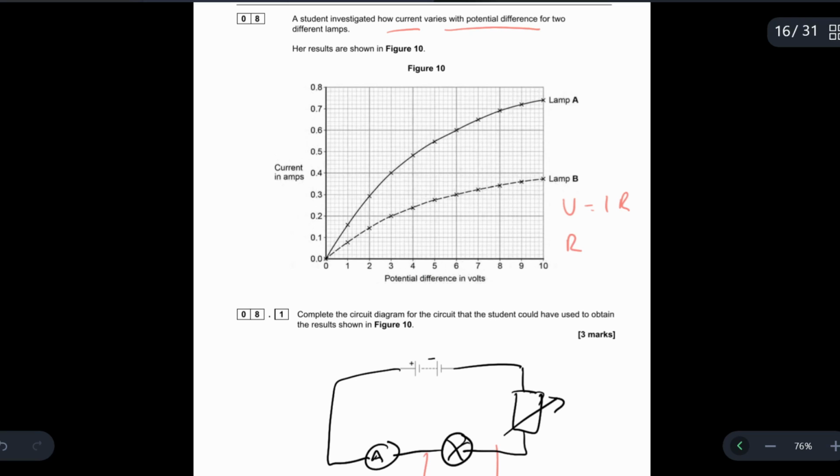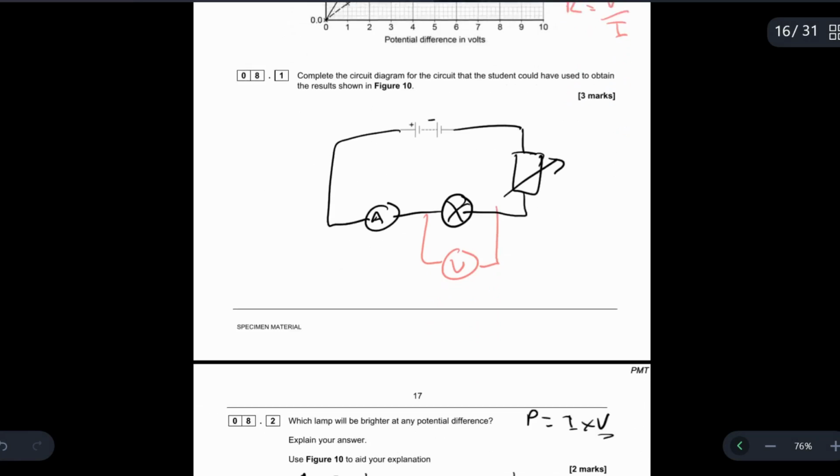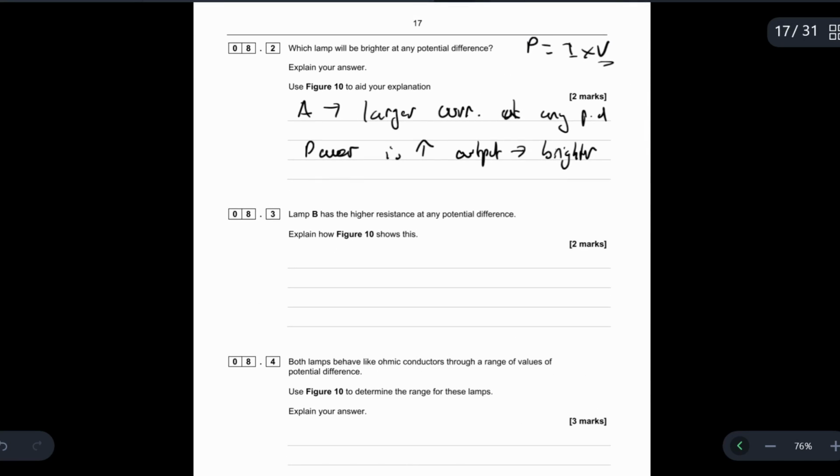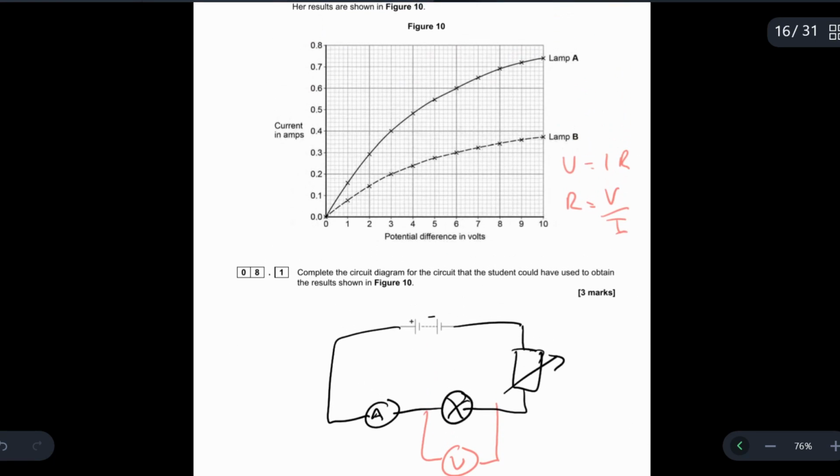We're going to rearrange this for resistance, so resistance equals V over I. As you can tell, for a constant voltage, the higher the current, the smaller the resistance would be. So lamp A has a higher current, which means that the resistance is going to be lower.